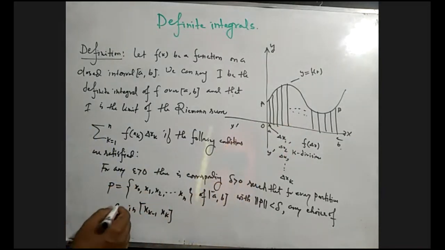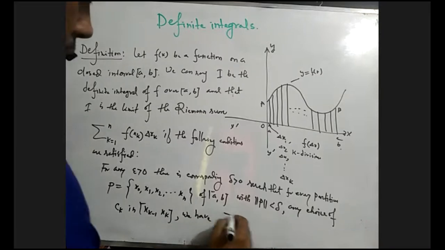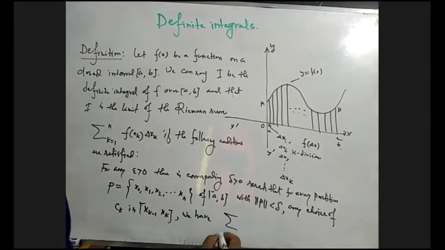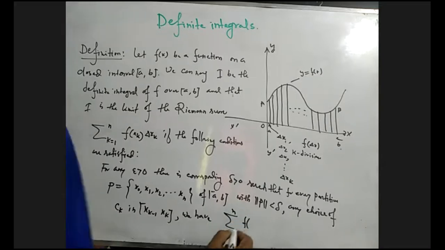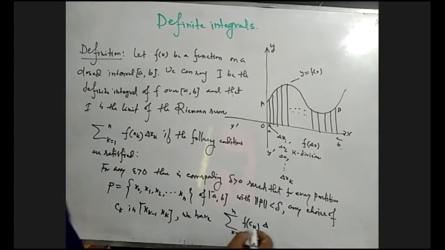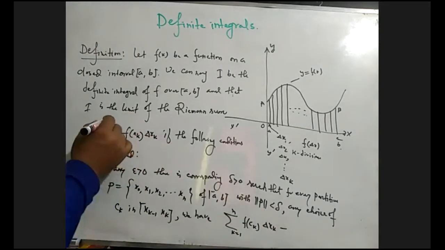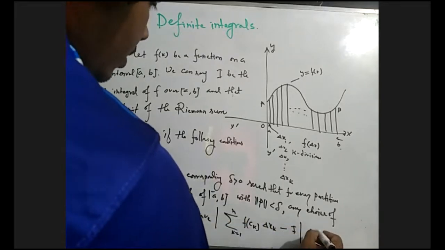So for every interval we get ck. Then we have the inequality like this: the summation k equals 1 to n of f of ck del xk minus this I integral will be less than epsilon.